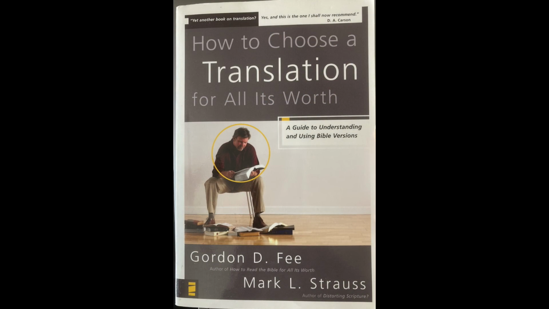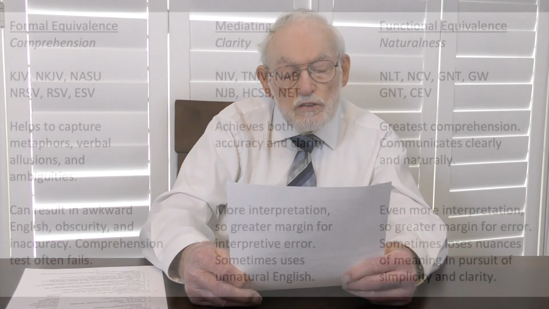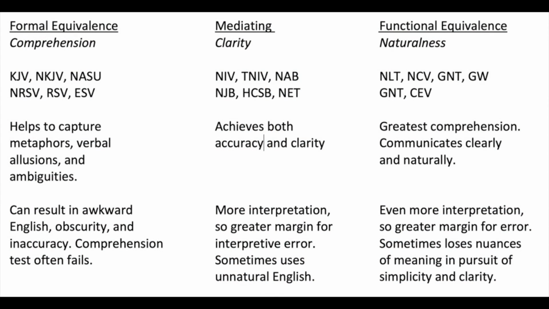And in the book by Fee and Strauss, How to Choose a Translation for All Its Worth, the one that they recommend is the New International Version. They give a chart of all of the versions.